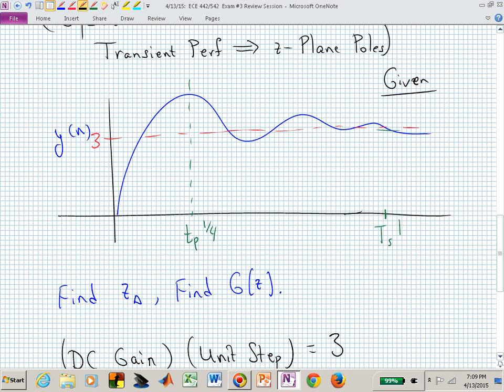You can figure out what your numerator constant is with the DC gain. You would evaluate that at z equal to 1 to determine what that unknown constant is in the numerator, and you could say, I'm going to assume a pure two-pole system. Or you could say, I'm going to put a zero at the origin and have my two poles determined by this transient behavior.